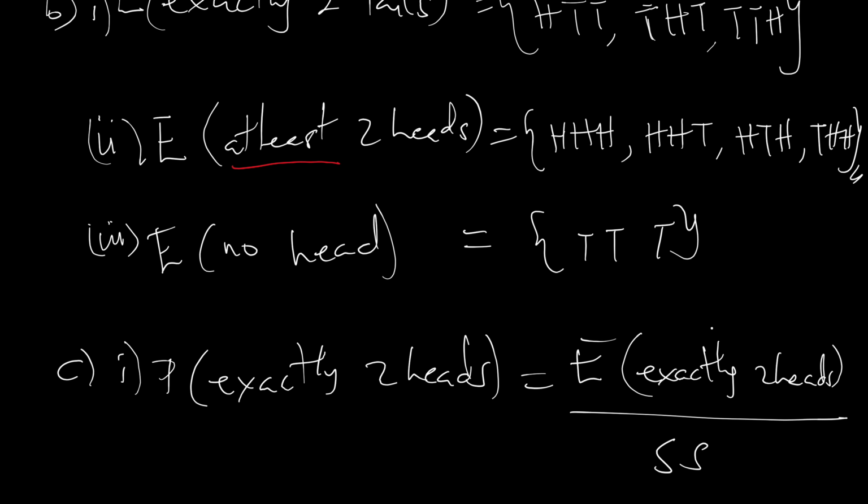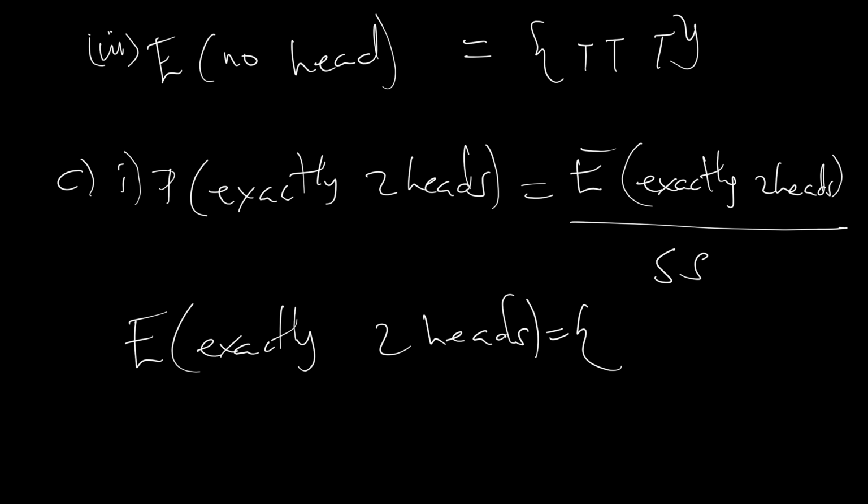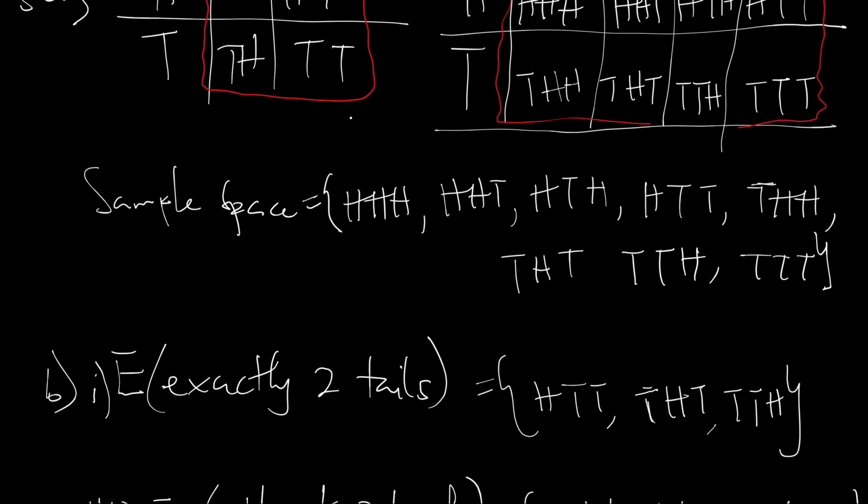So first, let's find the event of obtaining exactly 2 heads. This is 3 heads, is out. This is 2 heads, so we want this. This is 2 heads, we want this. This is 2 heads. This is 1 head, so it's out. 2 heads. This, 1 head out. 1 head out. And no head out. So we have this, this, and this.